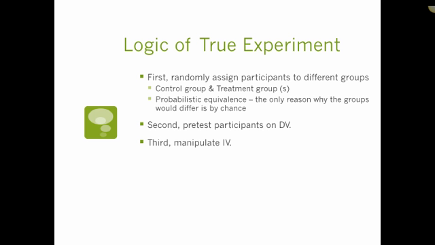And then third, you manipulate your independent variable, and essentially that is introducing your condition of interest. So that is actually saying, okay, everybody, here's your living assignments, so actually go there and live on campus or live off campus. And then finally, after the period that you're interested in studying, you'll post-test your participants on your dependent variable.